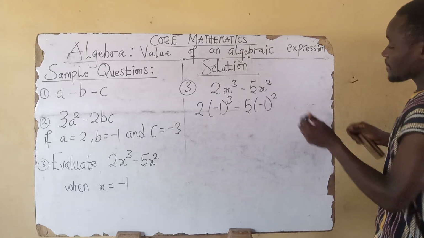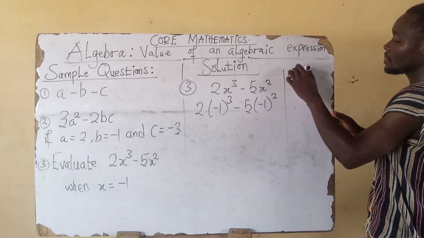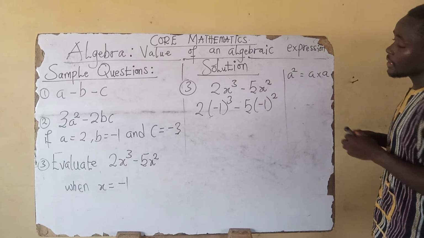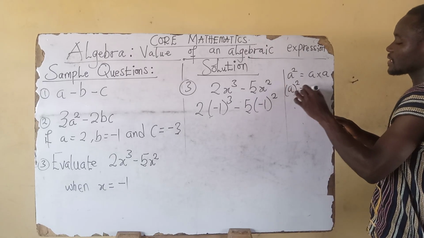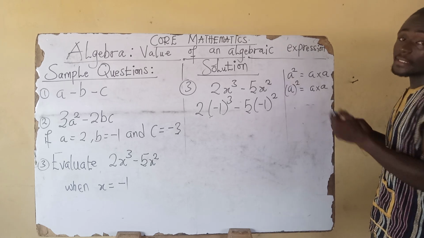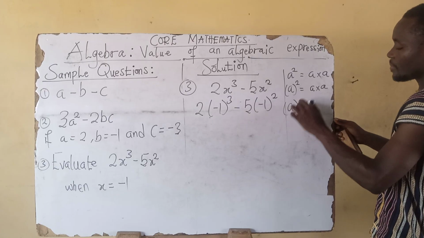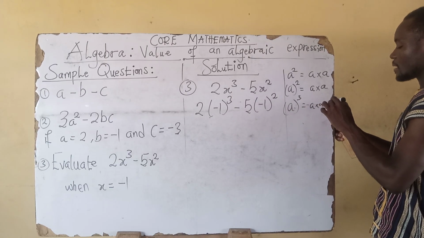Now have it in mind that mathematically, if I have a power 2, it is the same as a times a. Are you with me? If I have, let's say, a all power 2, it is the same as a times a. Are you getting me? Very good. And if I have a all power 3, it is the same as a times a times a.